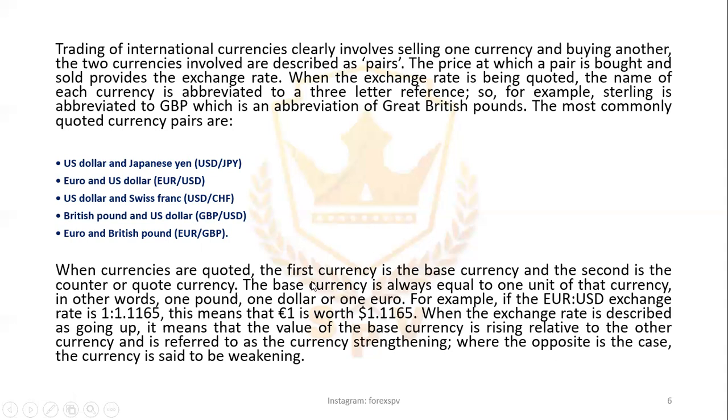So if you find the exchange rate for EURUSD is 1.1165, it simply means 1 euro is worth $1.1165. When the exchange rate is described as going up, it means that the value of the base currency is rising relative to the other currency.